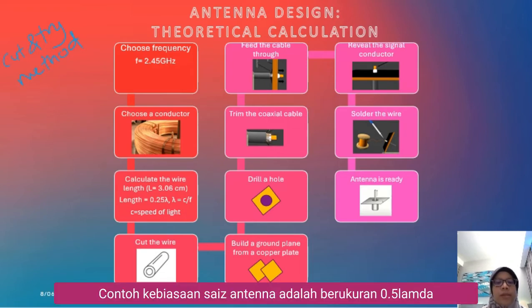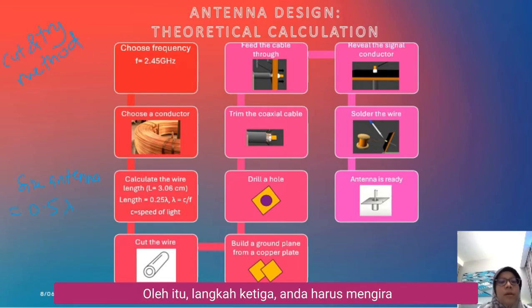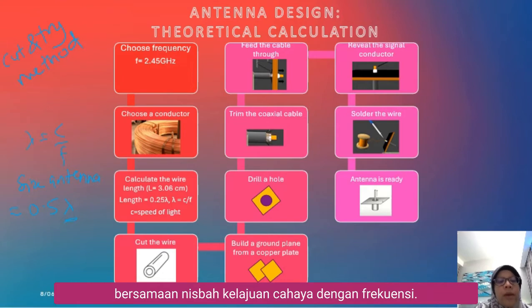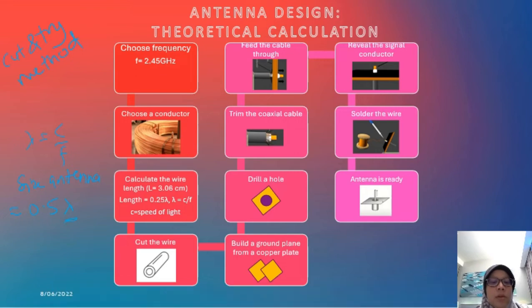And then, in many cases, the antenna size is usually around half wavelength, or 0.5 lambda. So you can calculate the wavelength of that antenna, where the wavelength equals c over f, and c is equal to the speed of light.